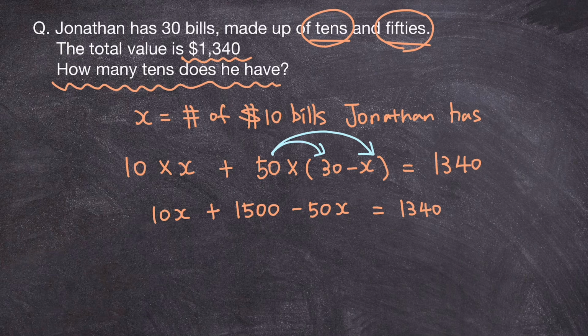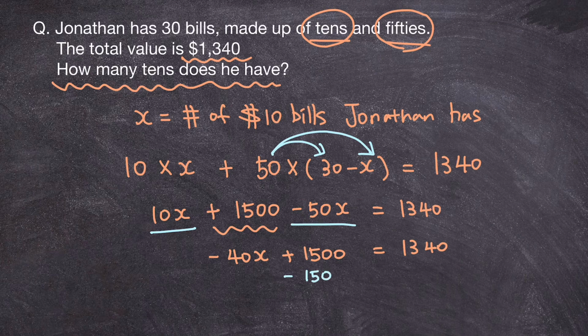So let's solve for x by combining all the like terms together. Let's combine these two. If I add 10x with negative 50x, I get negative 40x, and I have 1,500, and I have 1,340 on the right side. And in order to isolate the variable of x, I am going to have to get rid of 1,500.